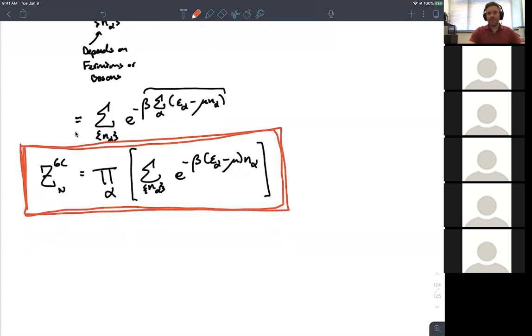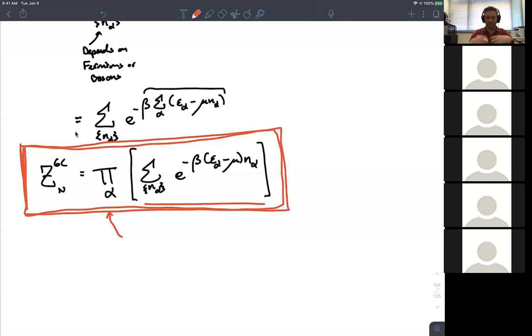All right, so now what we're doing here, this product you can see is over alphas. In other words, this is the different energy states. You pick alpha equals 0, and then for alpha equals 0, you calculate the partition function.